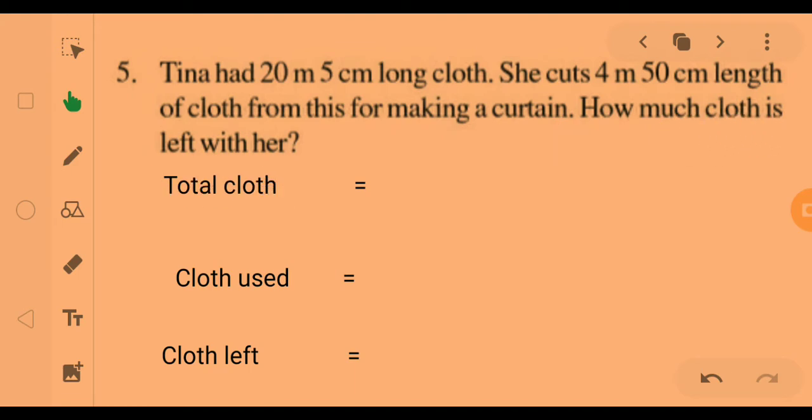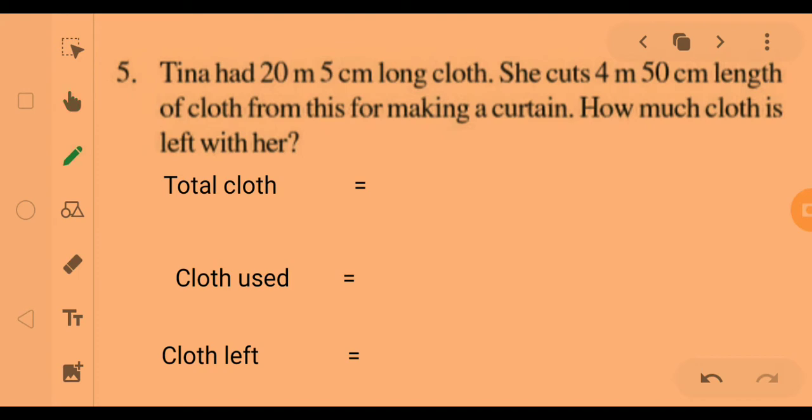From the total amount of cloth, we will subtract the length of cloth cut for making the curtain. So we need to subtract 4 meter 50 centimeter from the total length of cloth, so that we get the cloth left with Tina.